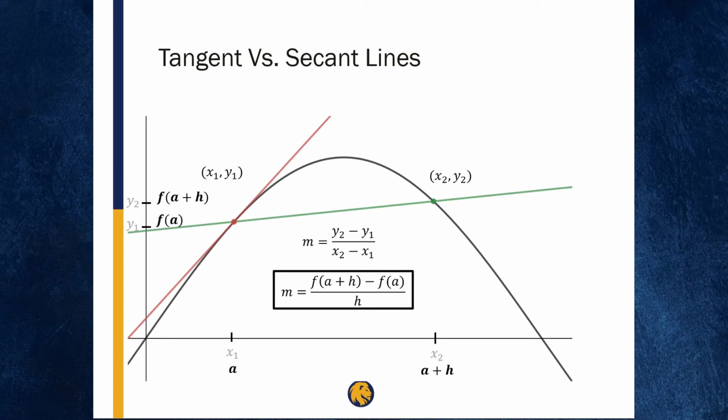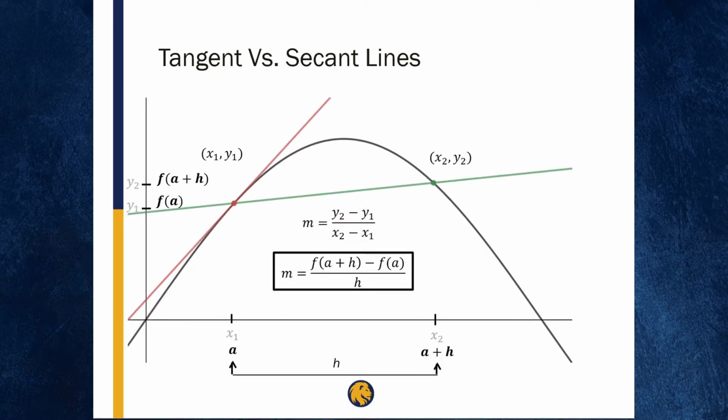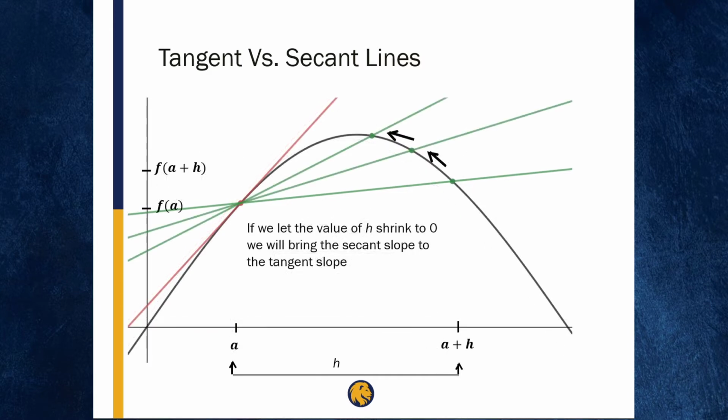So this formula here will be used to calculate the slope of any secant line through 2 points on the curve. And here's the key step we're going to take further to introduce the limit. H basically represents how far apart the x1 and x2 are. And so if we let the value of H shrink to 0, we will bring the secant slope into the tangent slope.